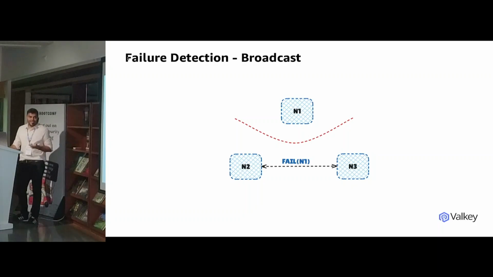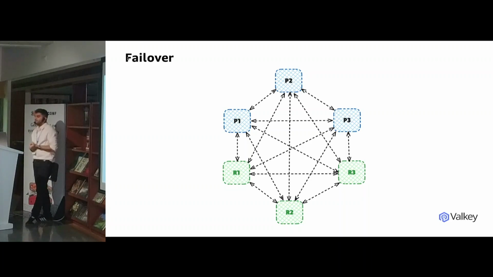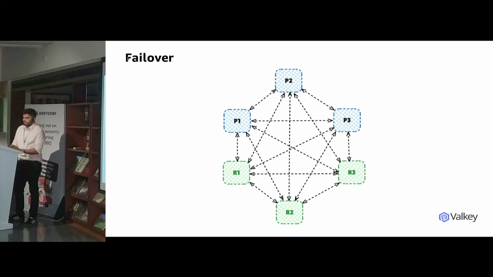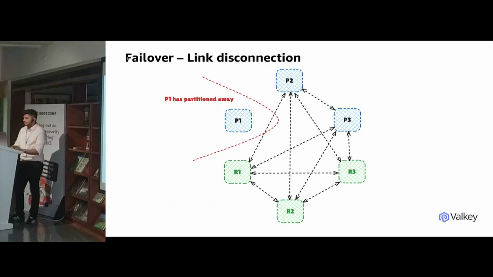Now going to the next section, what do you do with this failure detection? Once the node has been marked as failed, how do we act upon it? And that's where replicas come into the picture. So if a primary node has failed or partitioned away, like in our previous example, the set of next steps which would happen is the link disconnection would happen again.